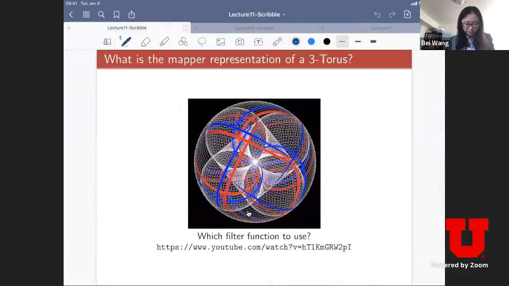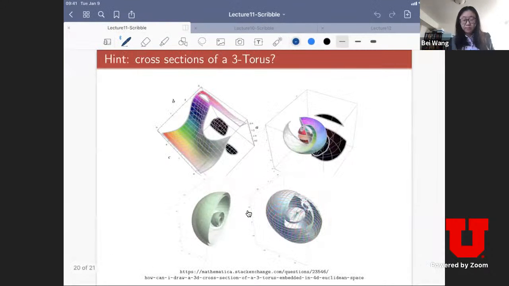And then if I want to study it further, this is another visualization of people trying to take the cross section of the 3 torus to study it. So if I go back to the question of how I want to understand the topological summary of a 3 torus using, say, mapper, then one idea is maybe taking slices of the 3 torus and computing the topological summary of it.